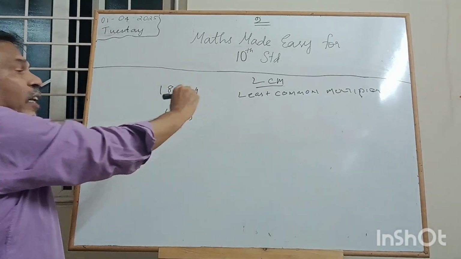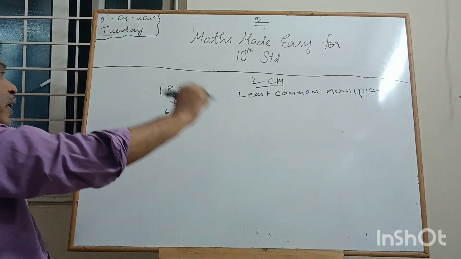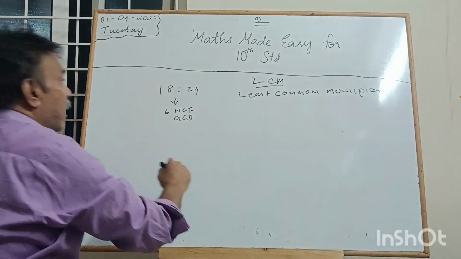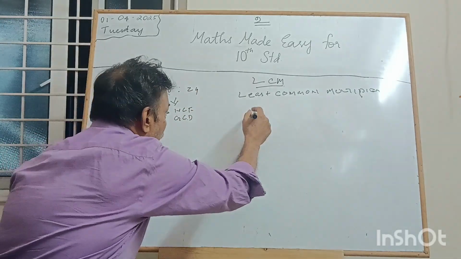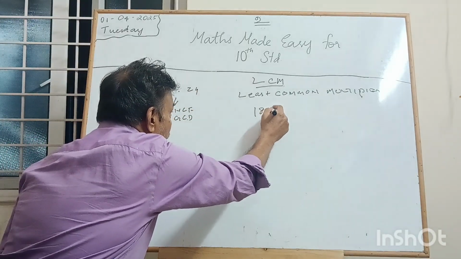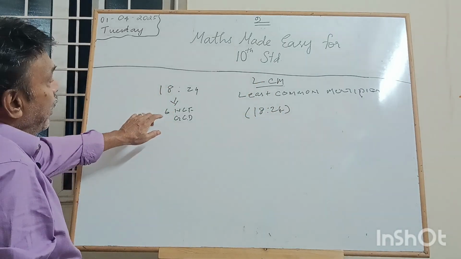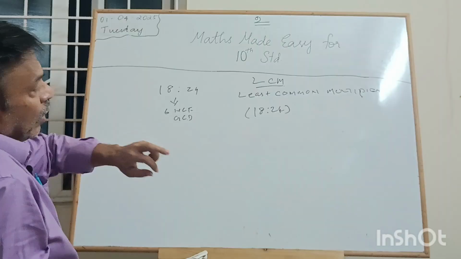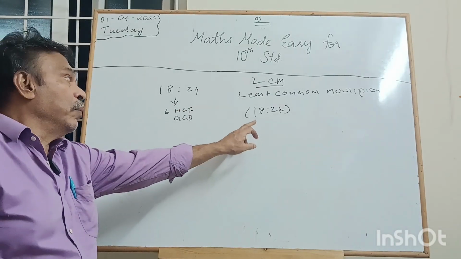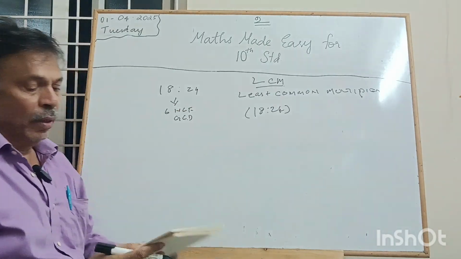It is called least common multiplier. Now we are going to find out the LCM of 18 and 24. So the HCF has been arrived at 6. Now we are going to arrive at the LCM of 18 and 24.